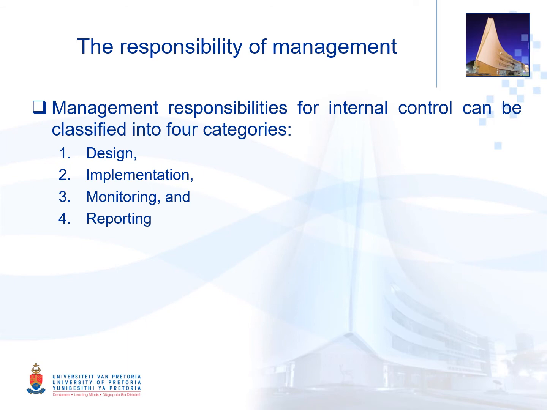Logically, effectiveness assumes that the success of a public institution is evaluated by the achievement of objectives and that management controls the utilization of resources to an extent that these are achieved. Management responsibilities for internal control can be classified into four categories, namely design, implementation, monitoring, and reporting.